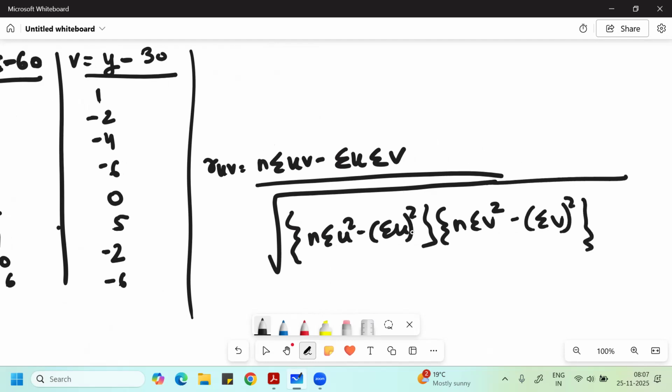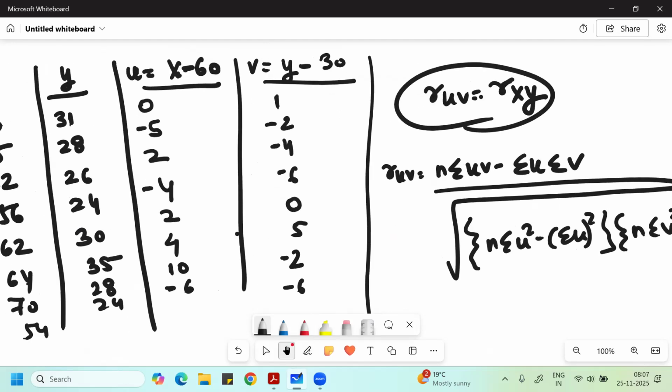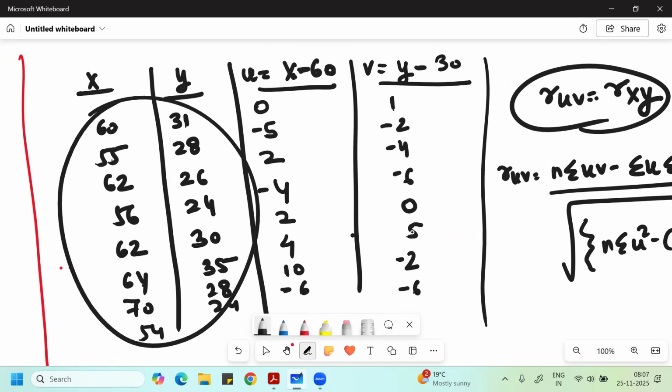If I use this formula, I'll get r of uv, and that will be equal to r of xy, which I get by using the original data. So whether I work on this data or that data, my answer won't change.